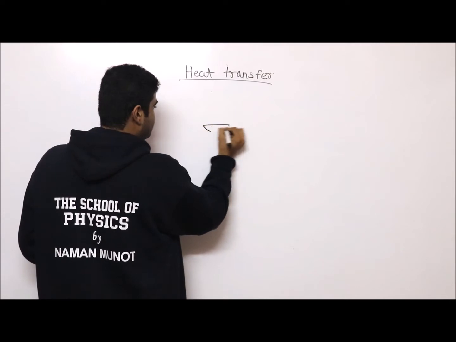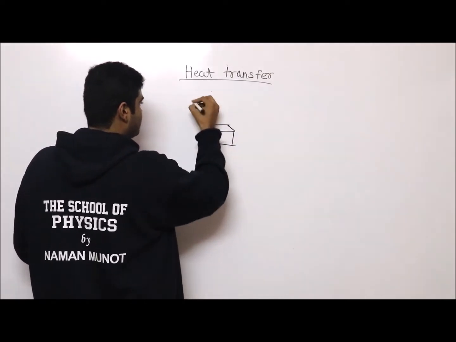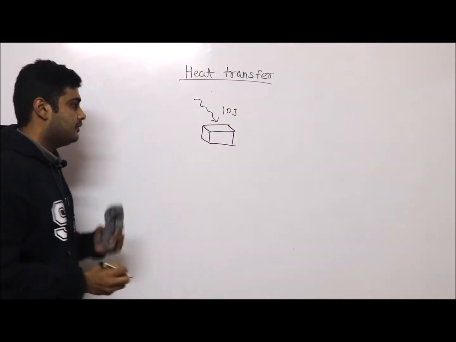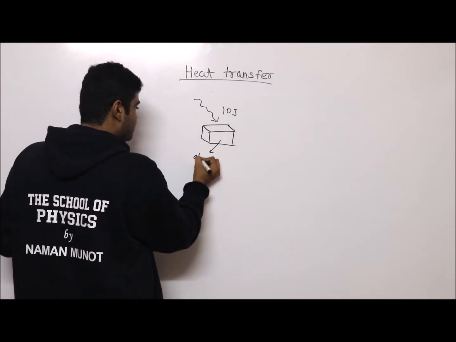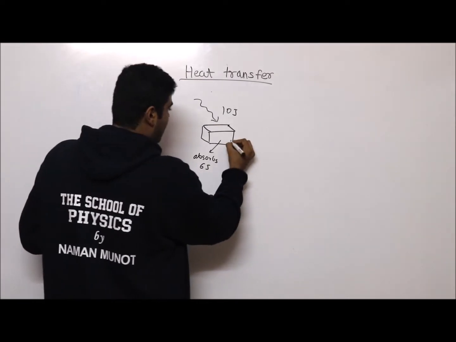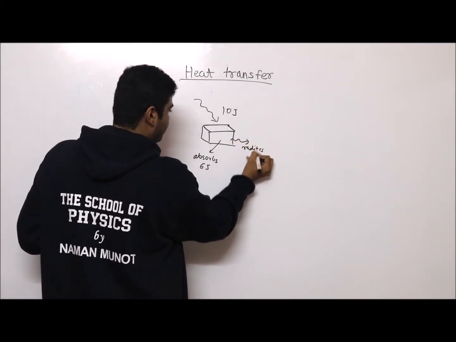Say this is the body, and you give it 10 joule of energy. 10 joule of energy is received. Suppose it absorbs 6 joule of energy, and it radiates 4 joule of energy.